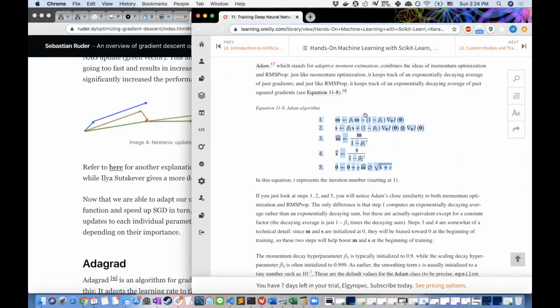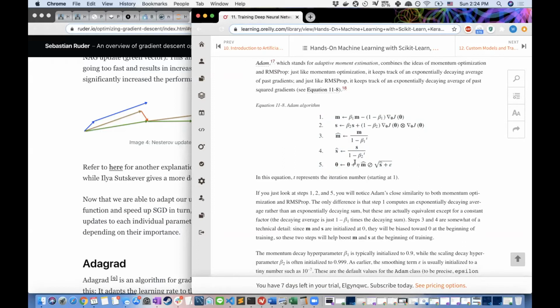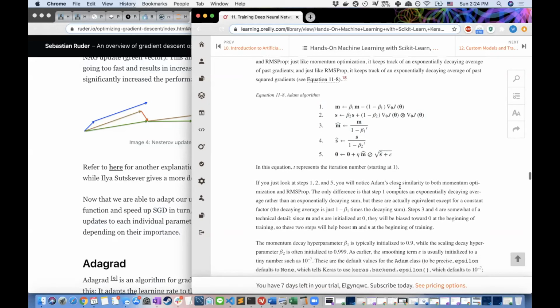If you look at this, this is the momentum, and this is the RMS Prop, and you scale that with a factor, and then you update your weights with a combination of the momentum and RMS Prop. So that's what Adam is.